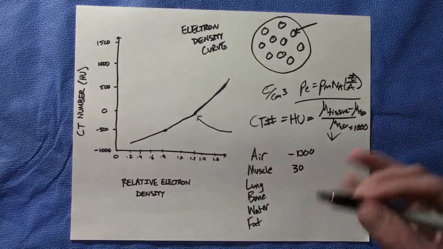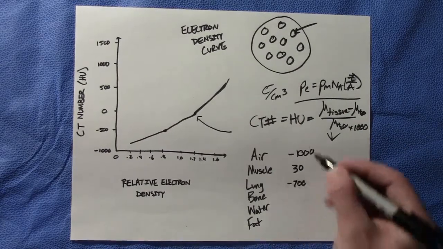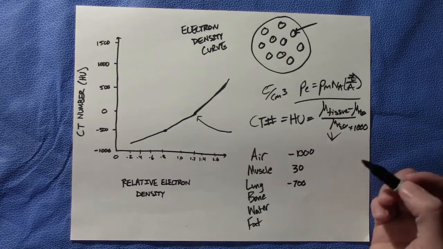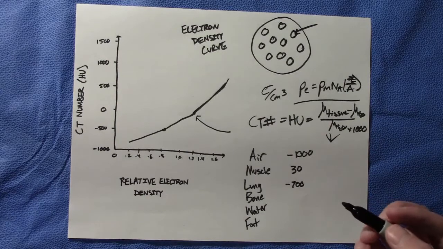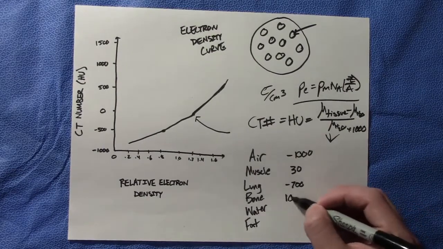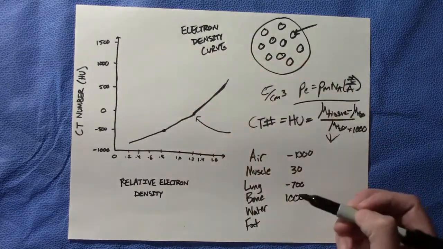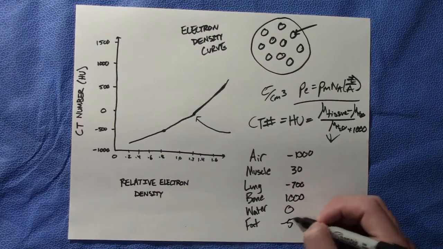It's a little more dense, has more to it. Lung is -700. It's not as much as air. It's not pure air in our lungs, but it's certainly not as much as muscle or something that is more fibrous and muscular. Bone is 1000, so that is one of our top HU values there. Water is 0, and fat is -50.